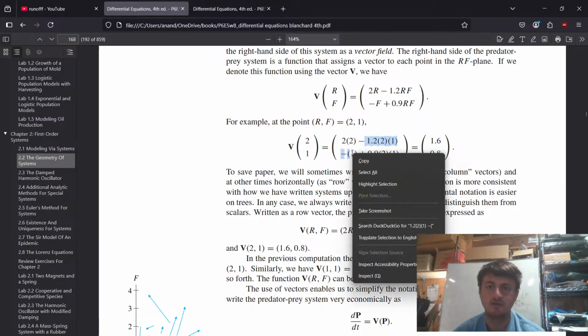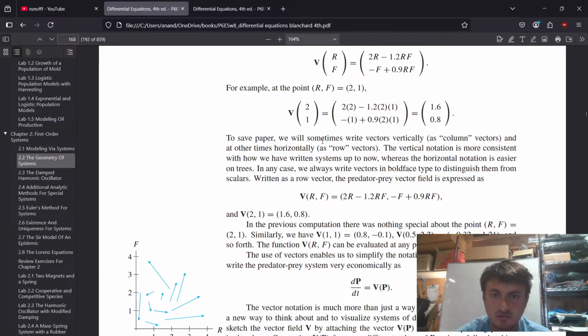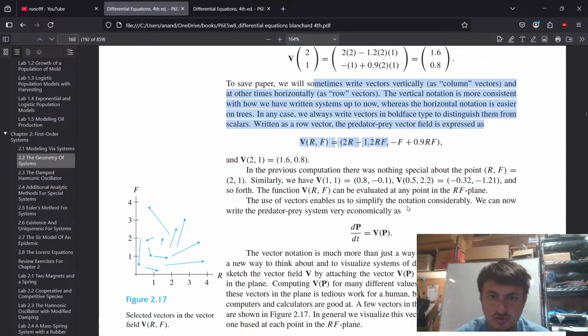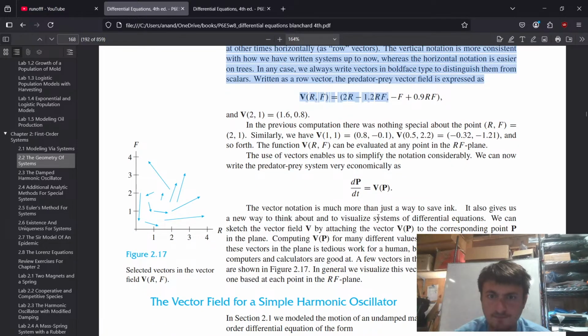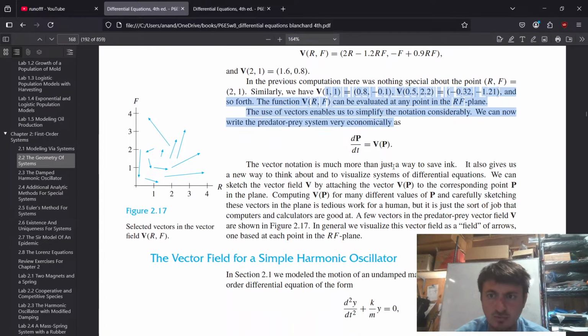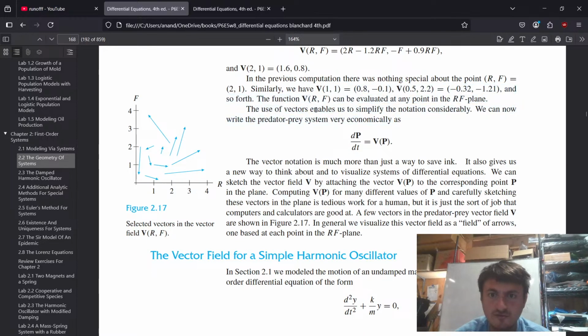Okay, we're just evaluating the function. To save paper, we'll sometimes write them as rows or columns. V can be evaluated at any point in the RF plane. The use of vectors enables us to simplify our notation.